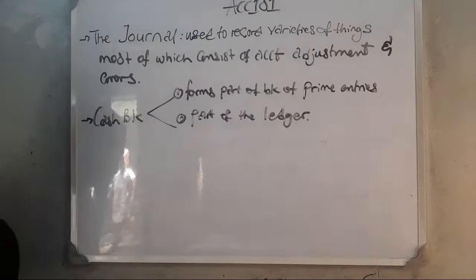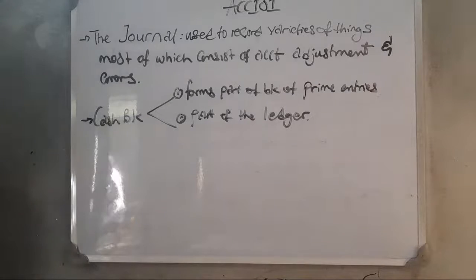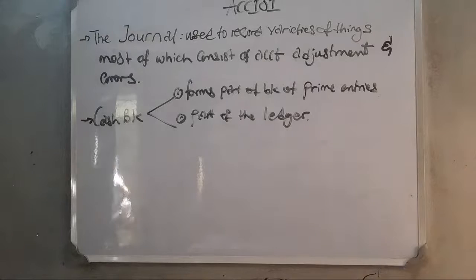Now we also have something called a 2-column cash book. When we say 2-column cash book, what are we talking about?